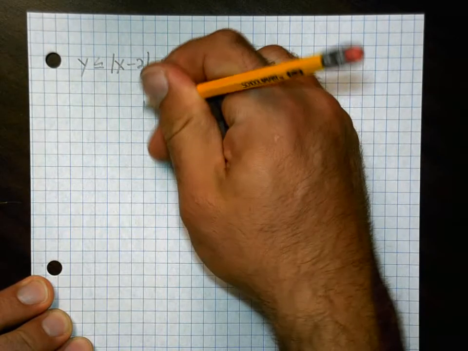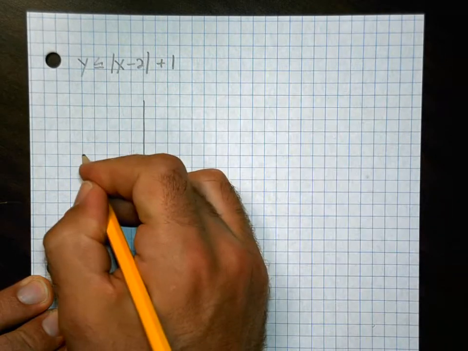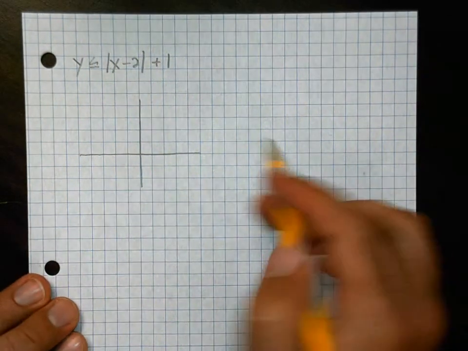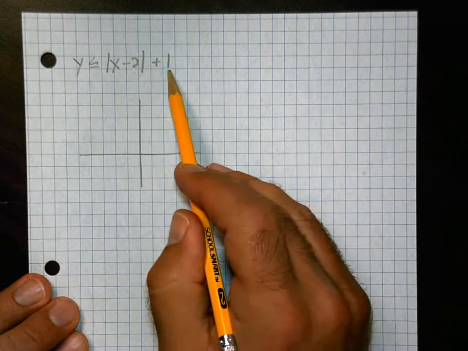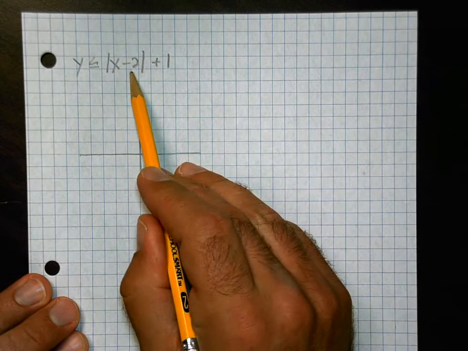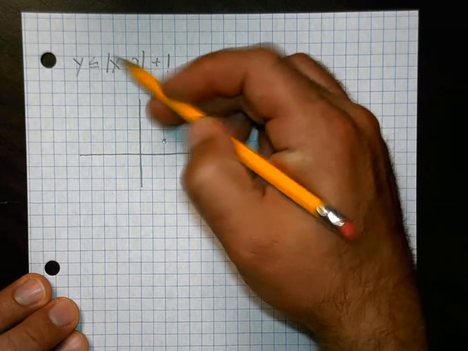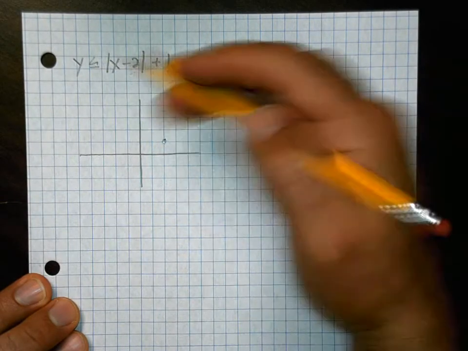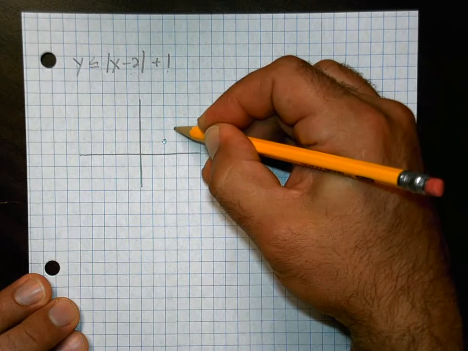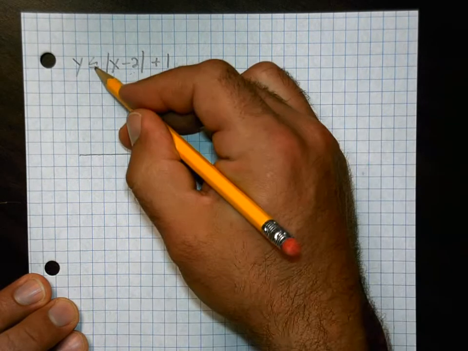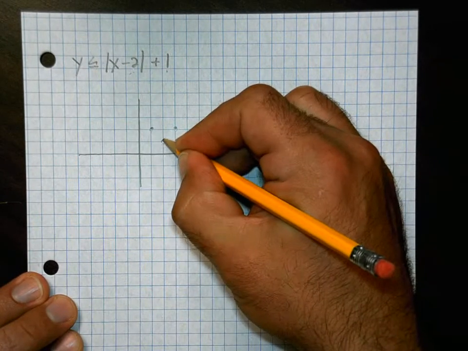So, set up our XY axis. So when we graph absolute value, we find our h, k, and we graph our vertex. So it'd be +2, +1. There's no number here, so the slope is 1, so I go up 1 over 1. And we flip that point over here. It's or equal to, so it's a solid line.